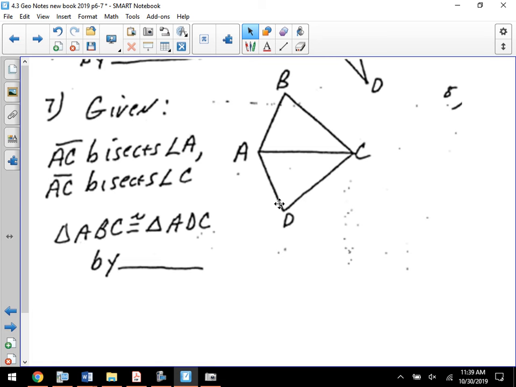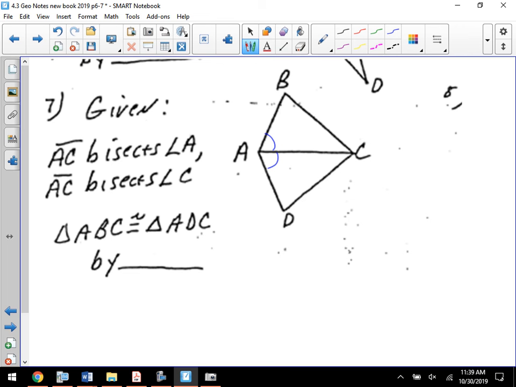Yeah, in this case, it's kind of sloppy how they did just bisects angle A. They should have used the 3 letters, but A is the angle, yeah. Remember, in this case here, they're talking about the large angle A, so you get those two have to be the same.